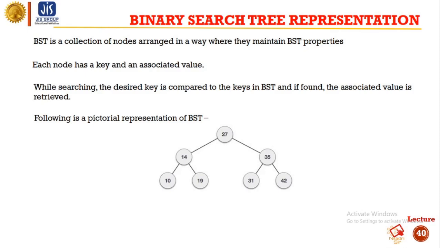As you can see, 27 is there. So 14, 10 and 19 are all less than 27, which are on the left hand side, and all the elements on the right hand side of 27 are greater than 27.